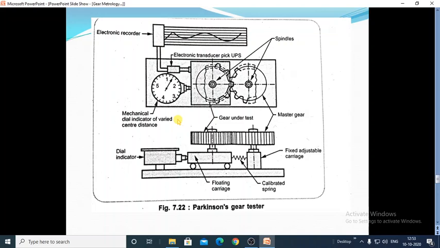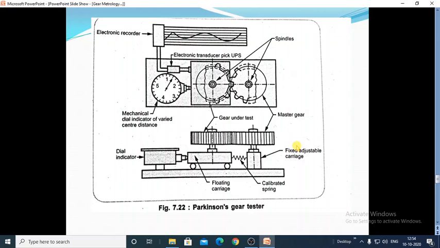Let us see the working once again. Initially, by using the gauge block spindle, set the dial gauge to read 0 at the correct center distance. Also, we have to adjust the spring pressure and set limit marks on the dial gauge.